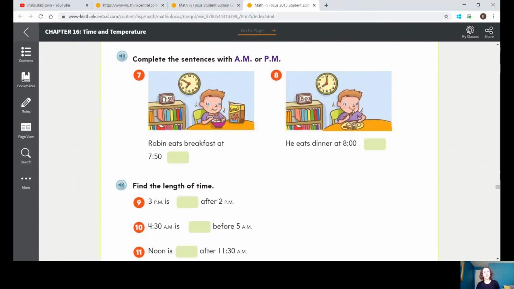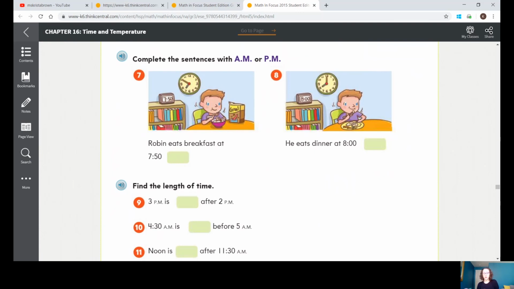Okay, number 7 and 8, it says complete the sentences with AM or PM. So remember, AM is generally in the morning time, and PM is afternoon, so usually lunchtime and dinner time. Robin eats breakfast at 7:50. Okay, breakfast, think, is that AM or PM?